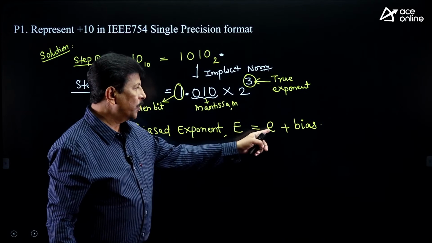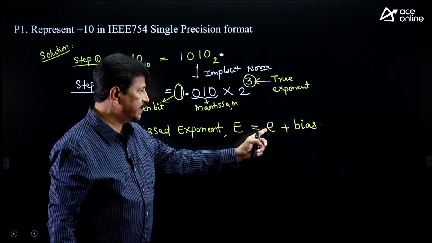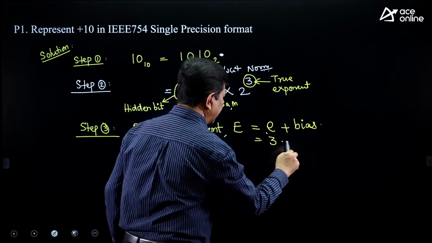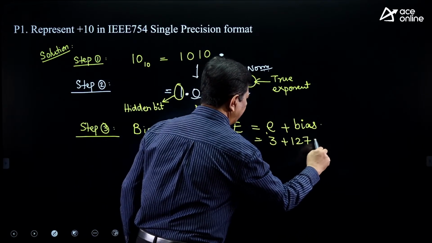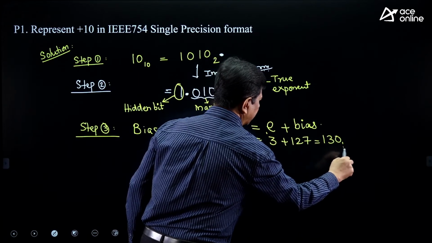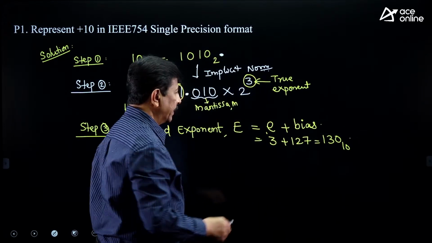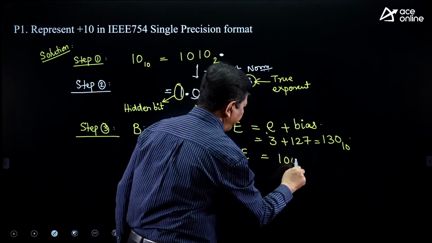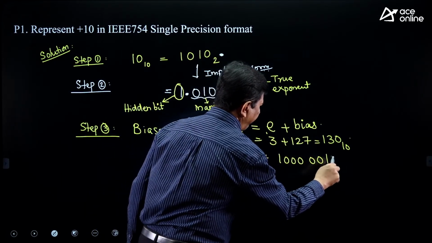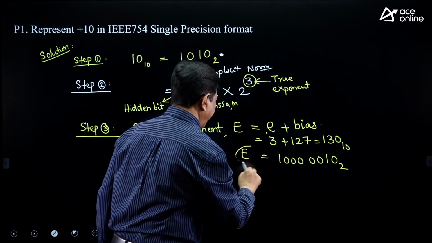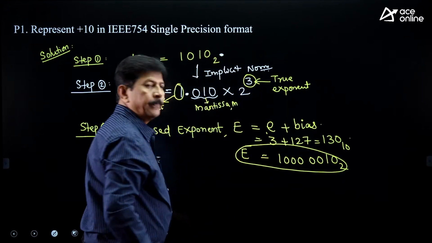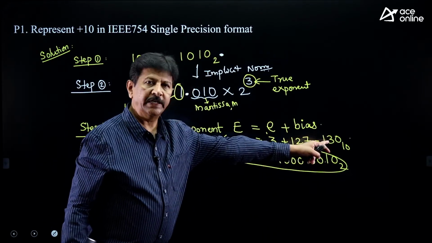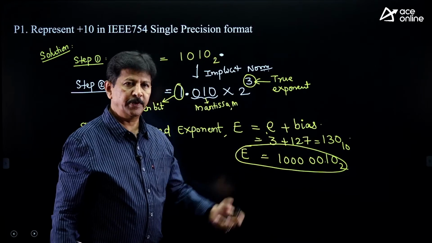Biased exponent can be found by adding the bias to the true exponent. So true exponent is 3, bias is 127, which gives 130. Write this in binary using 8 bits: 128 plus 2, that will become 130. So that is your biased exponent.